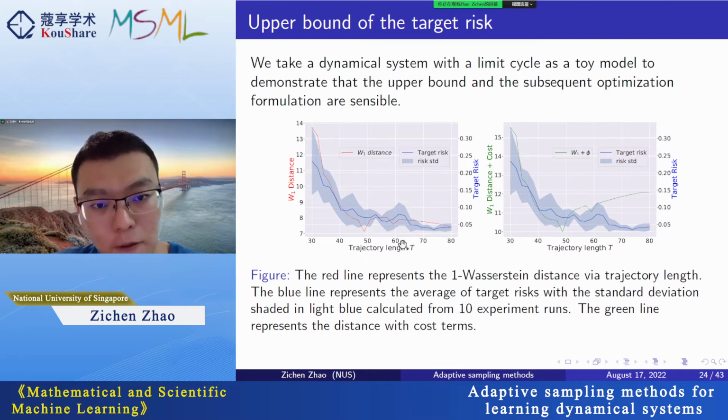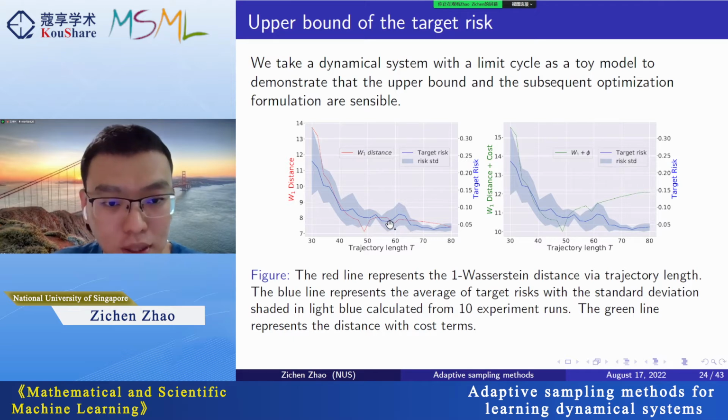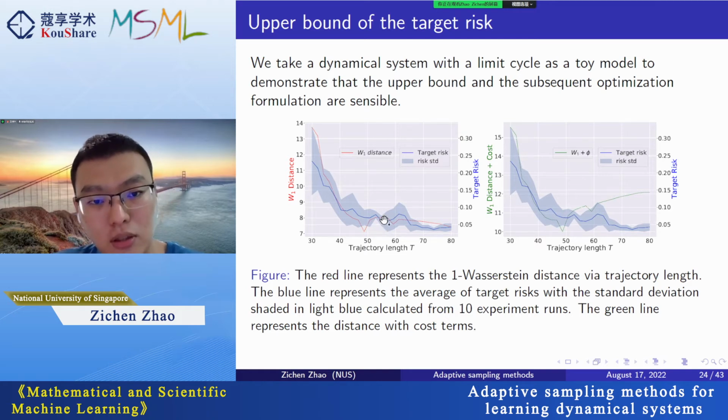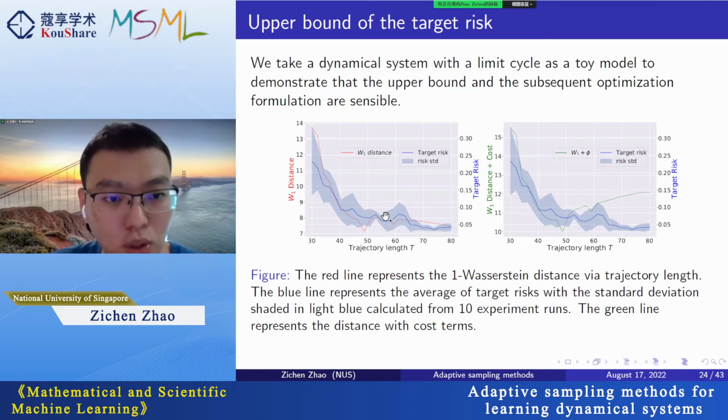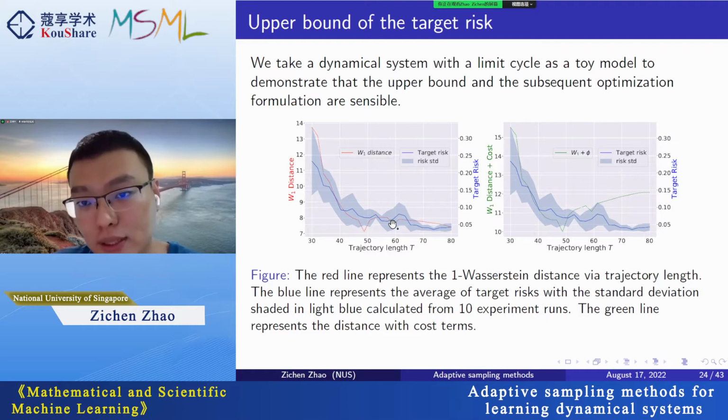After this point, the disagreement of both curves seems insignificant, which means we can use the Wasserstein distance decrease to control the target risk.